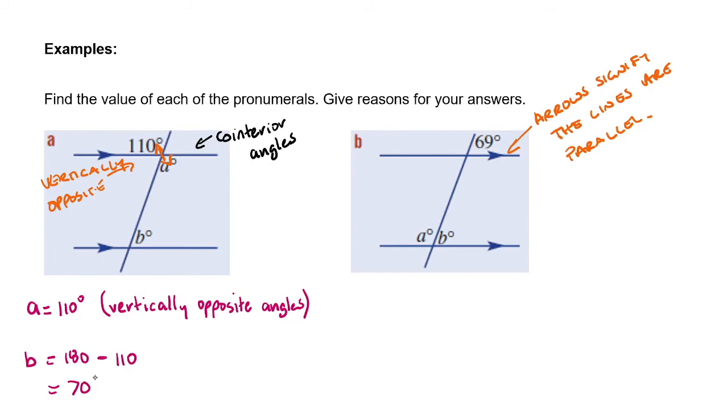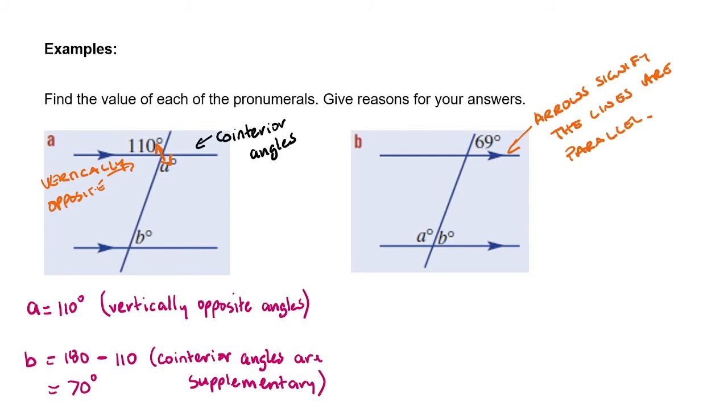That 70 degrees is the value of B. And the reason we give is because co-interior angles are supplementary. All right, that's the first one done. Let's look at our next one.